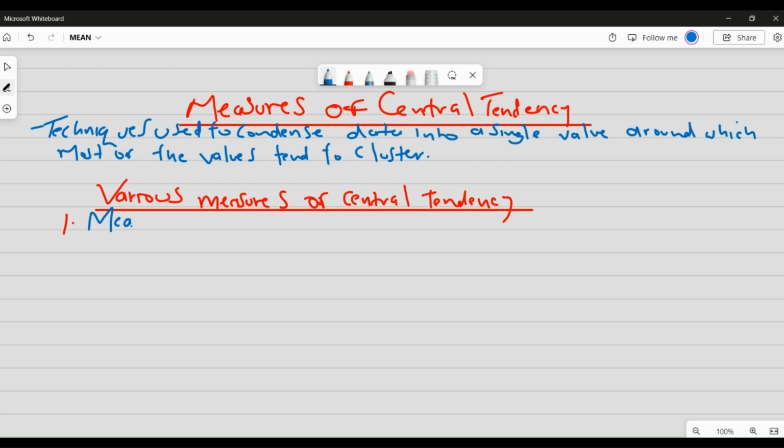The first one is the mean. The second one is the mode. We have the median. We have the quartiles.